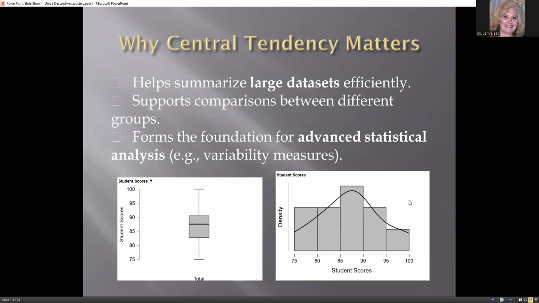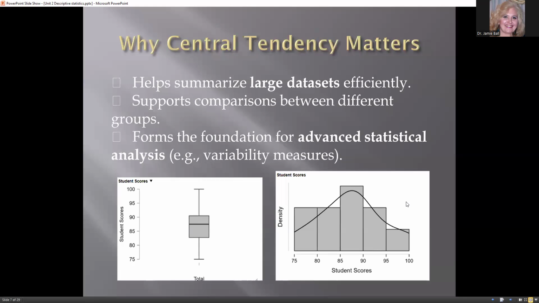So central tendency matters first so that we can understand large data sets. And I gave you some examples here of graphs that we could use to understand our data. We can learn a lot just from looking at the distribution of scores. Let's look at the histogram here in the lower right corner.